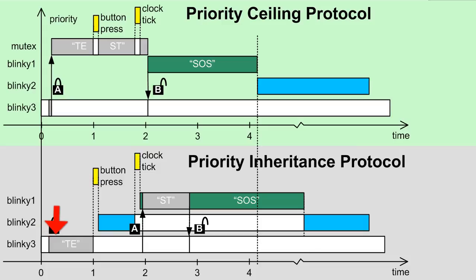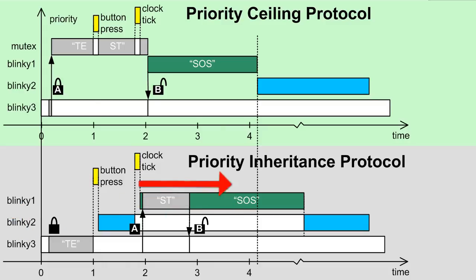Because of that, the medium priority Blinky 2 thread preempts Blinky 3 immediately after the button press. The low priority thread is promoted only after the high priority thread starts running and tries to lock the priority inheritance mutex. Specifically, the low priority thread inherits the priority of the high priority contender for the resource.